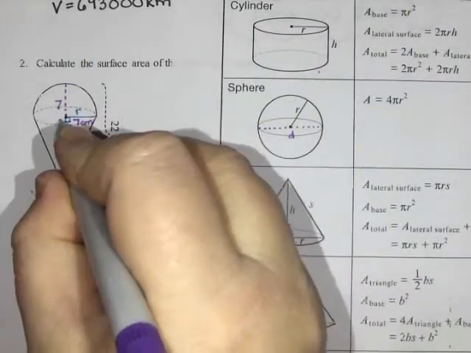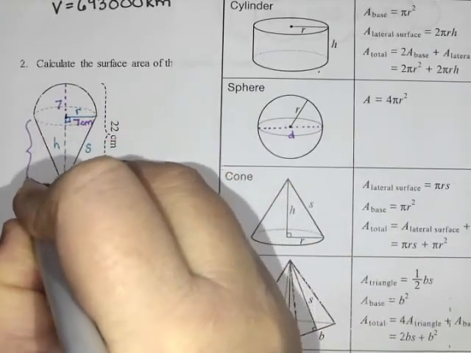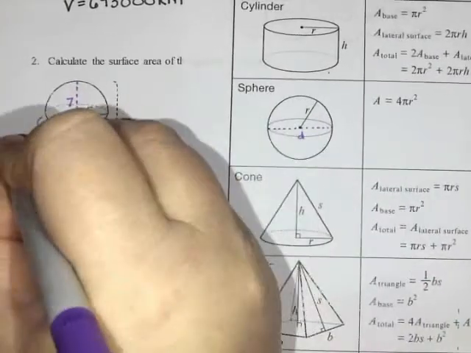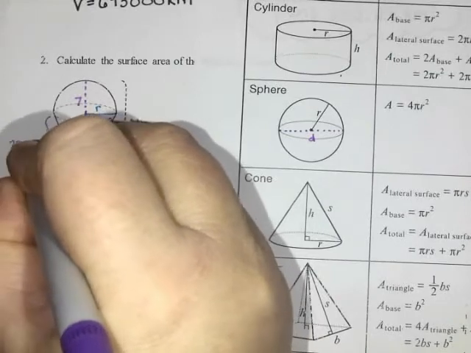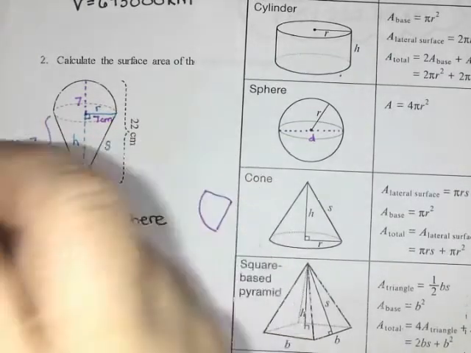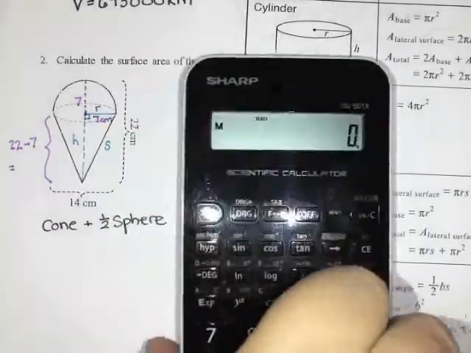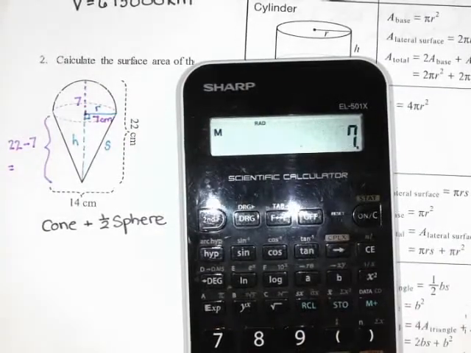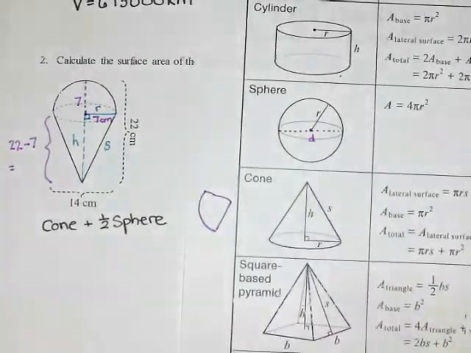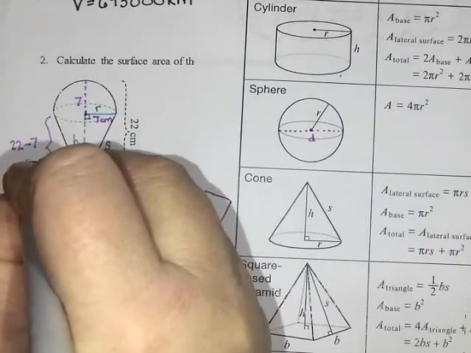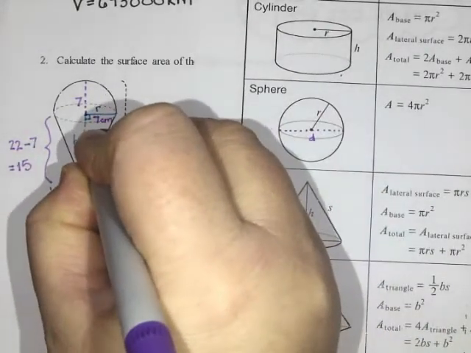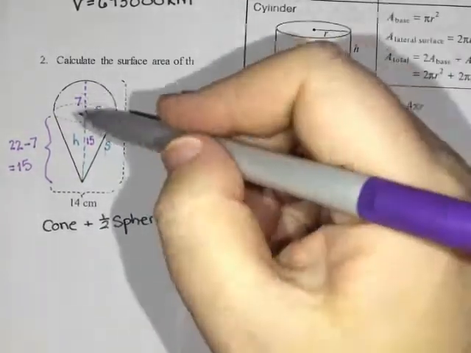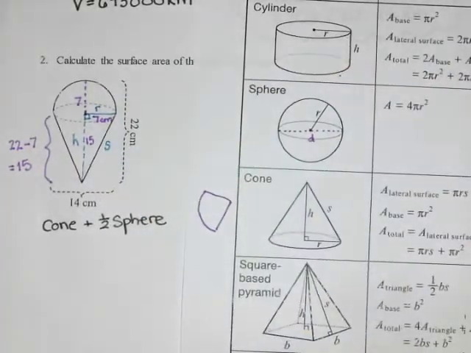So this part down here, my height of just the cone, is going to be 22 minus 7. 22 take away 7 is 15 centimeters. So I now know that this part here on the inside is 15 centimeters.